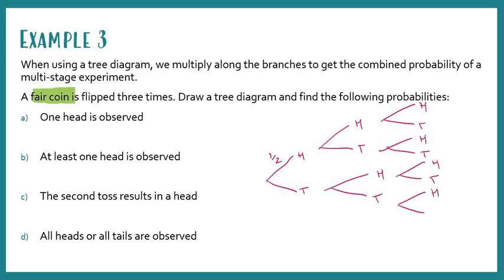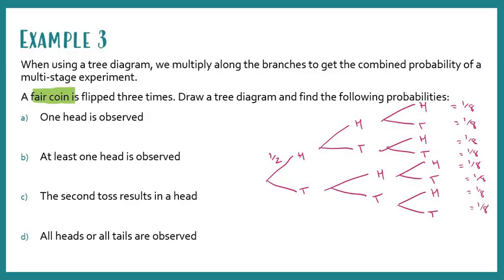Because we're looking at a fair coin, the 8 possible outcomes are the same. They are an equal chance of happening. The way that we get that is we multiply along our branches. So 1/2 times 1/2 times 1/2, giving me 1/8.